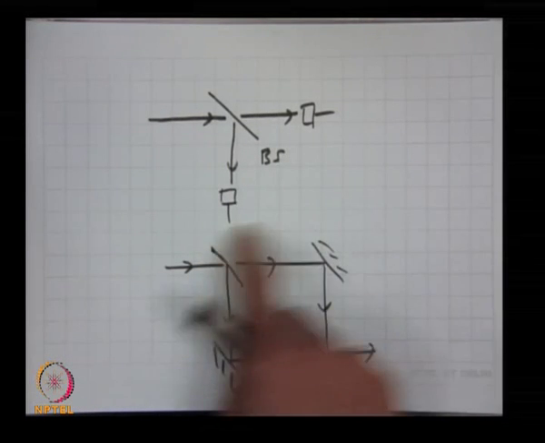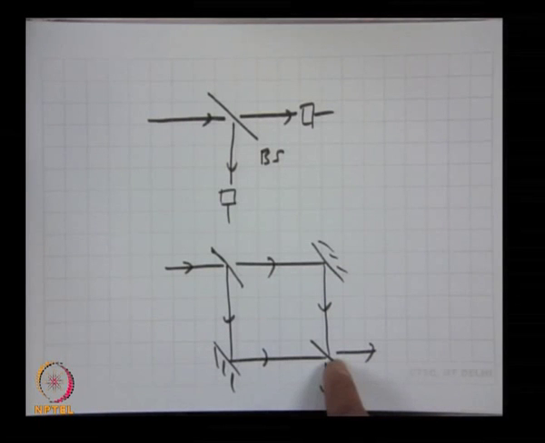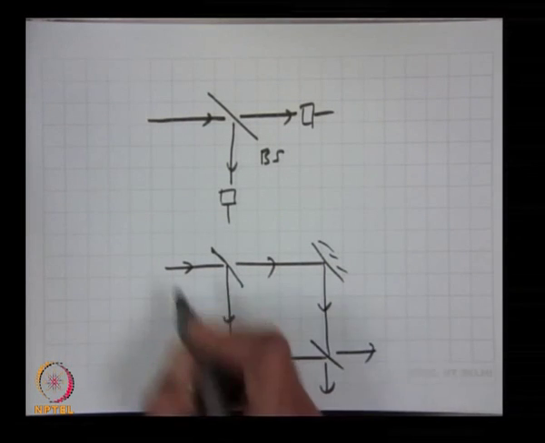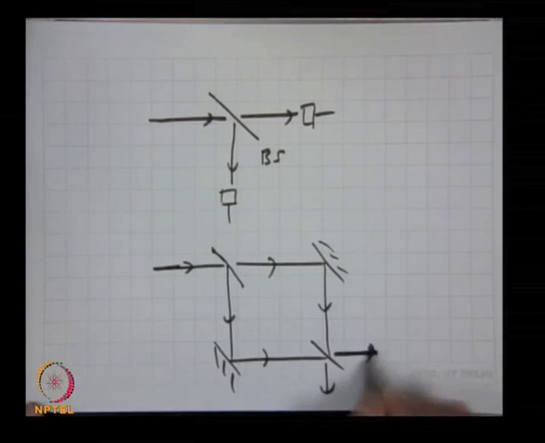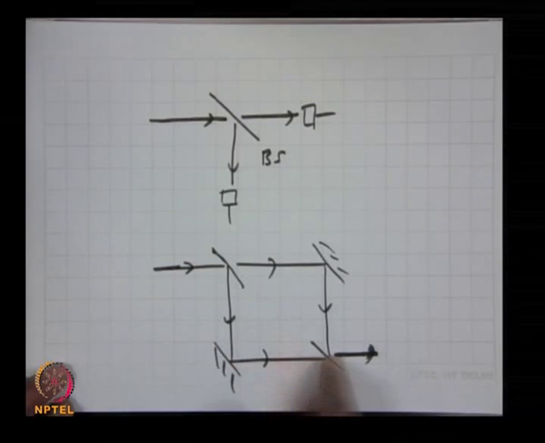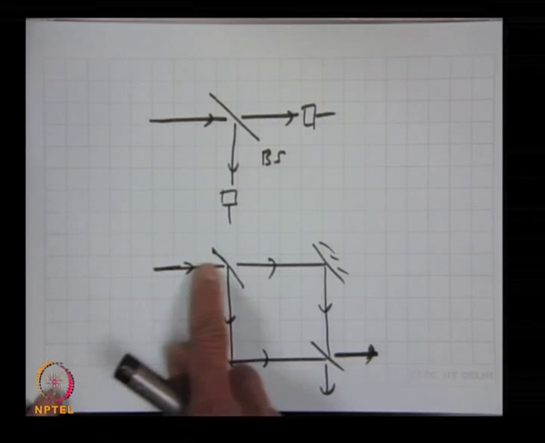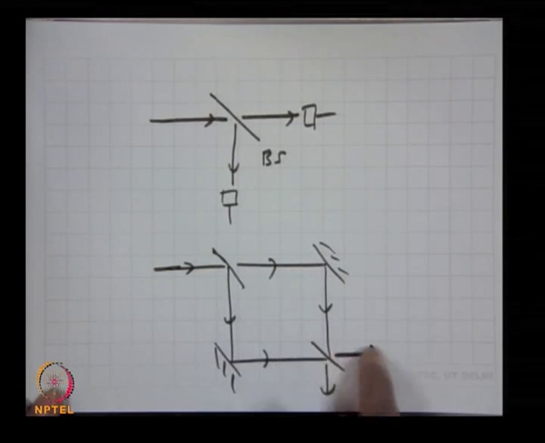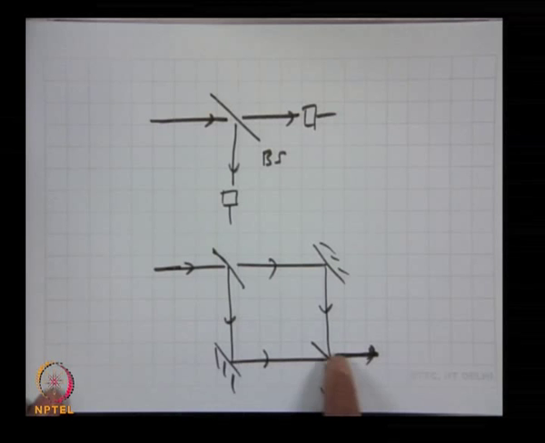If the arrangement is completely symmetric, you can ensure that light coming from here only comes out from here. If the path difference is exactly 0 between both arms, the paths are identical.